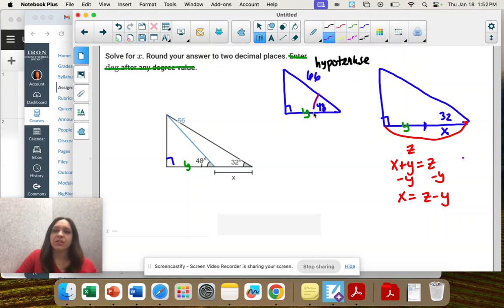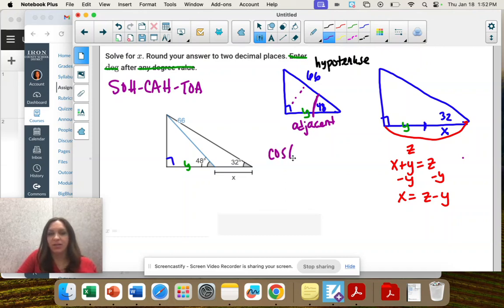So let's start here. Let's find y. The hypotenuse is 66, and we're trying to find the adjacent side. I started writing cosine because that's the answer to my question. It's SOHCAHTOA, so cosine has adjacent and hypotenuse.